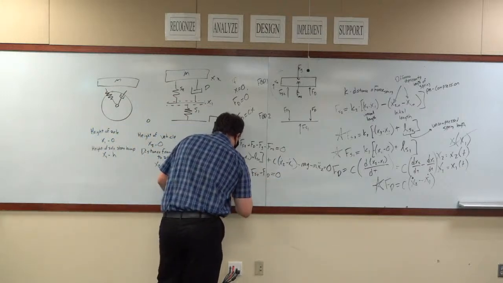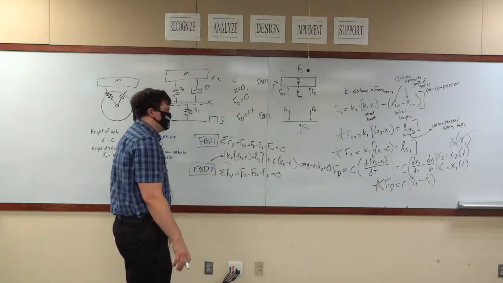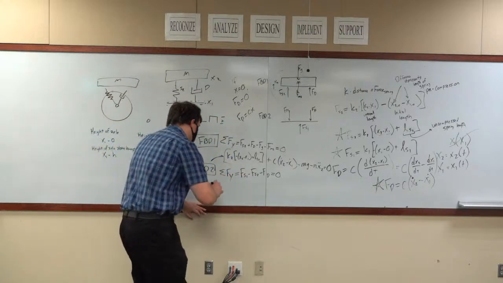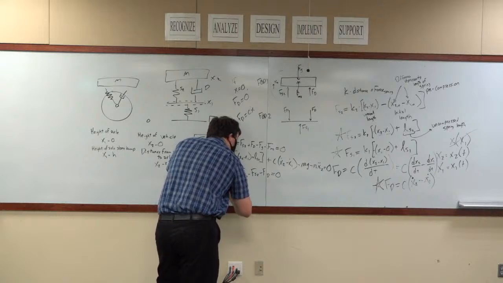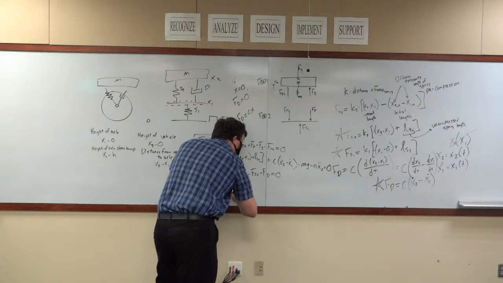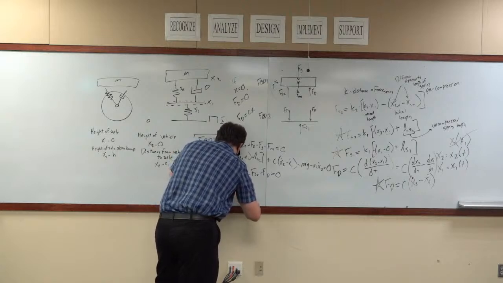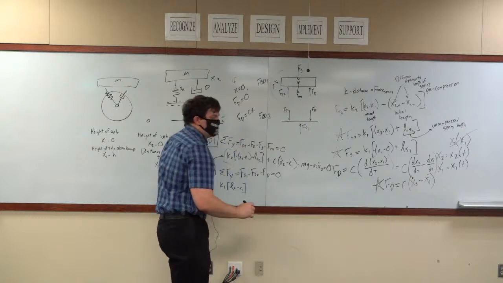So, we take this system. What is the equation for FS1? K1 times x1 minus 0 plus ls1. I'm just going to simplify that a little bit, ls1 minus x1. But yes, that's right.